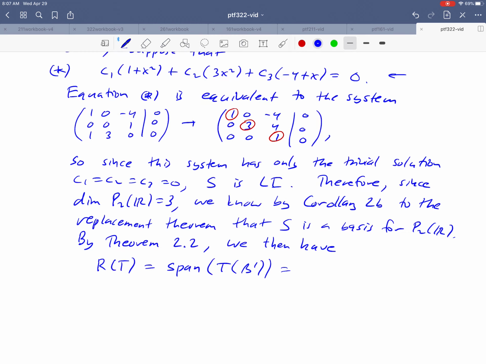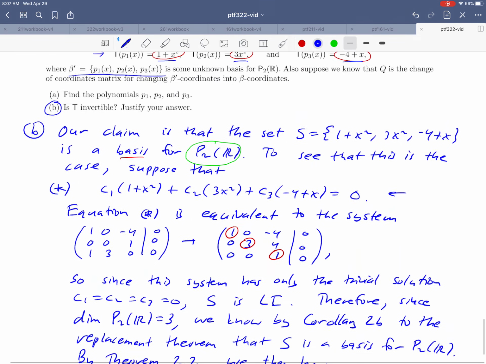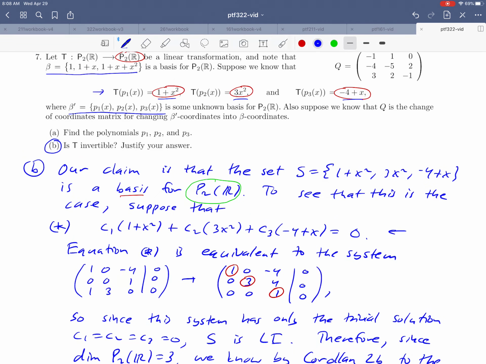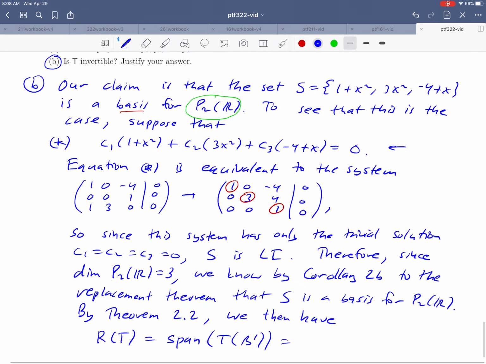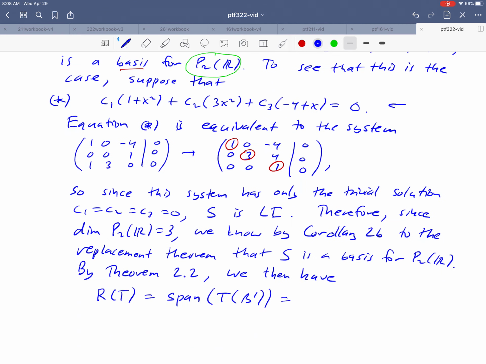I'm really just copying down what this theorem is saying. But T of beta prime, what is that? The vectors in beta prime were P1, P2, and P3, so T of beta prime is exactly these three vectors up here, directly from the information given in the problem. So this is the span of S.